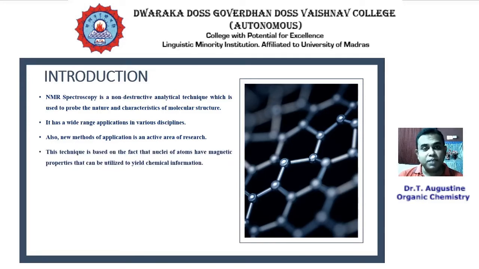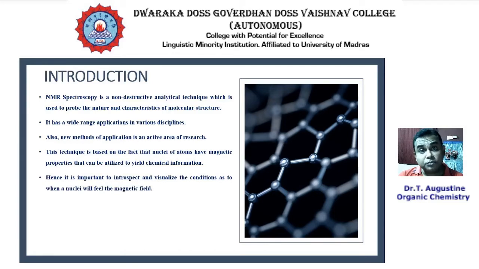This technique is based on the fact that nuclei of atoms have magnetic properties that can be used to yield chemical information. Hence, it is important to introspect and visualize the conditions as to when a nuclei will feel the magnetic field.